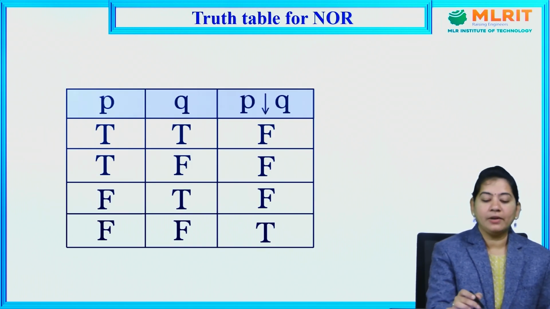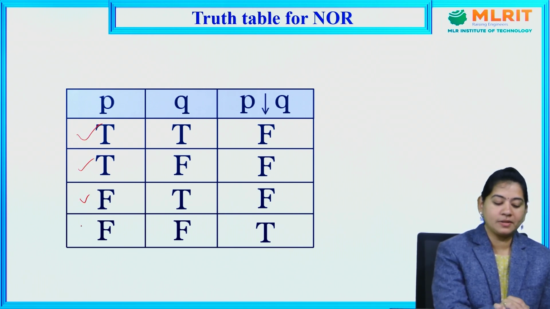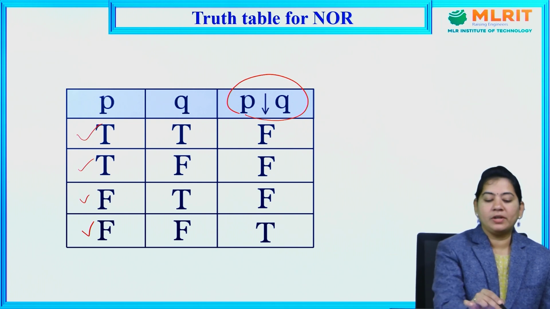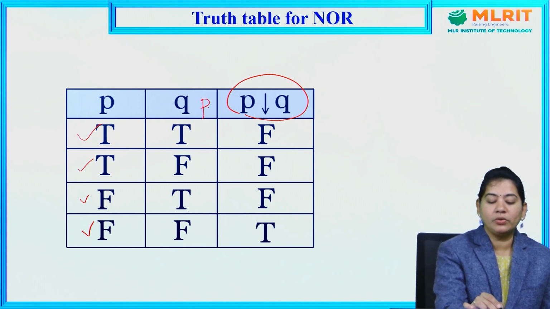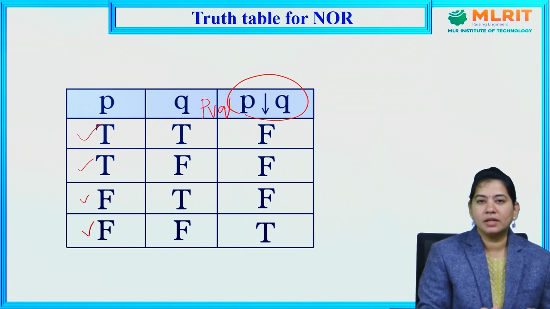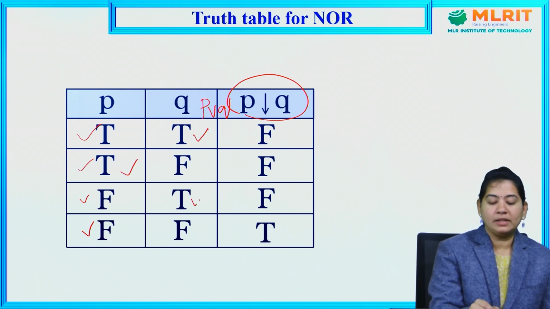Here we have two variables, P and Q, and four combinations, and P NOR Q. Just like NAND, here also you first do P or Q. The condition for constructing the truth table for OR is, even if one statement is true, the resultant truth value will be true, otherwise false.